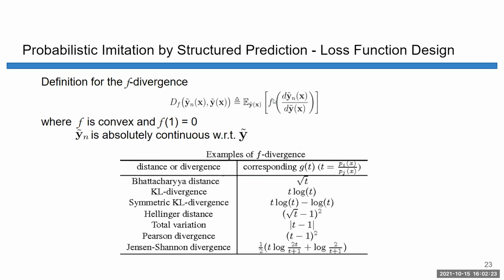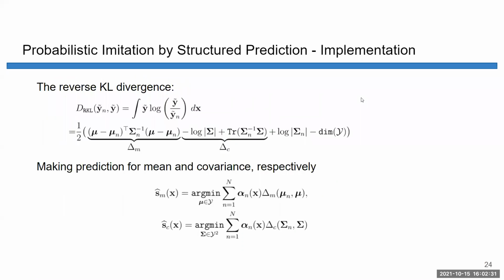The commonly seen KL divergence or Jensen-Shannon divergence belong to this category. So let's take the reverse KL divergence as an example. If we plug this divergence form into the estimator, then the loss function we get is this one.